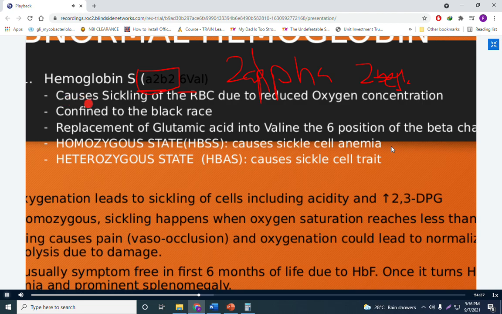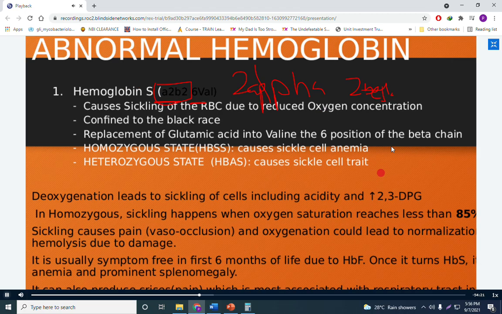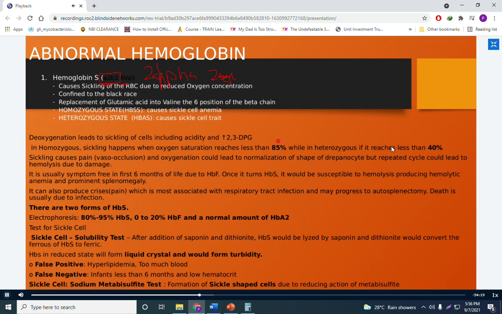Now, your hemoglobin S, class, causes sickling of the RBC due to reduced oxygen concentration. Class, sickling. Anong itsura ng sickling, class? How would you compare sickling to a shape? It's your crescent moon.